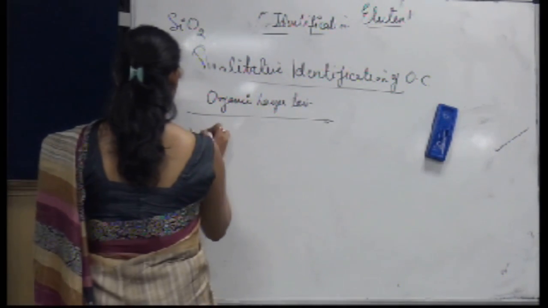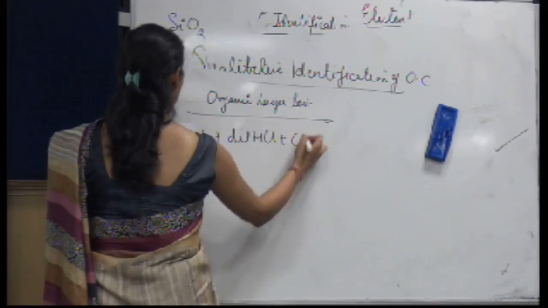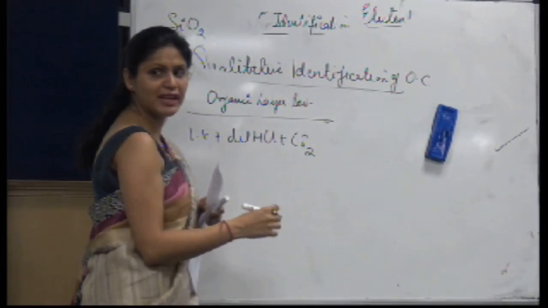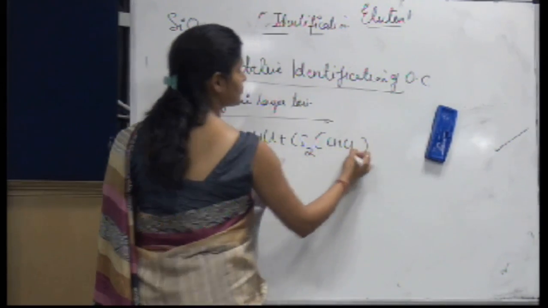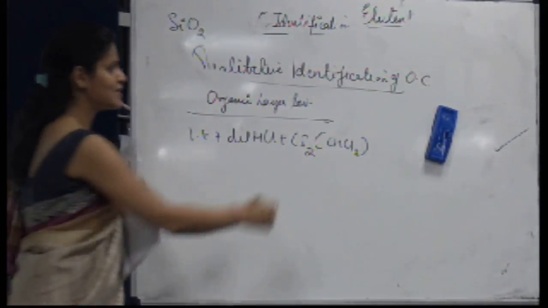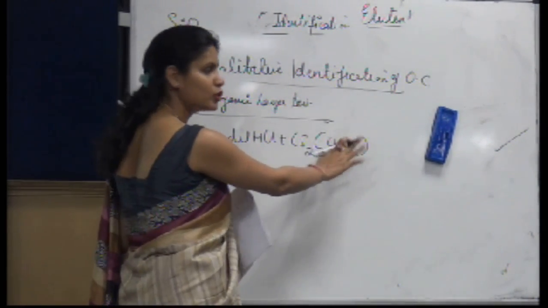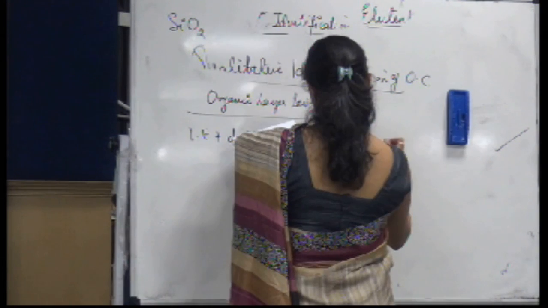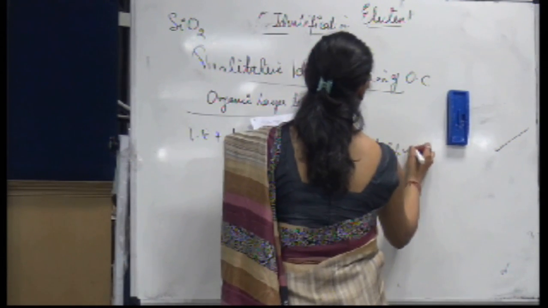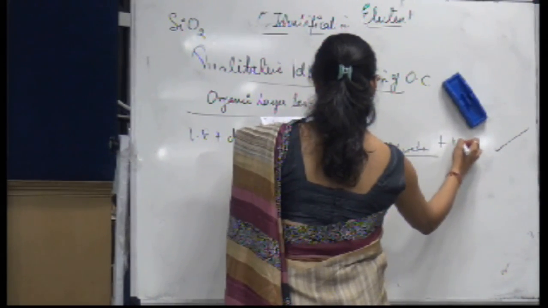You will take Lassaigne's extract and then add dilute HCl to it and then add CS2, an organic liquid, or you can also add chloroform. You can take CS2, carbon disulfide, or you can take chloroform. Both you can take. And then add chlorine water and then heat.